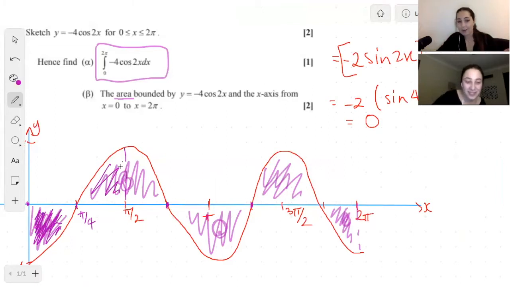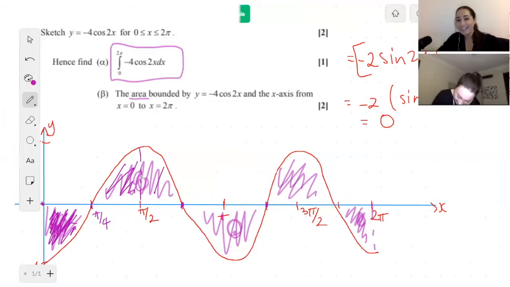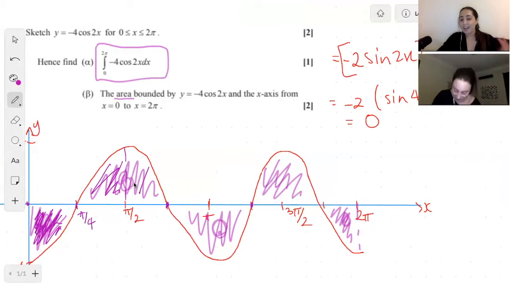You've got one here, one here, one here. Yeah, 4, 5, 6, 7, 8. So all you need to do is find the area of one half hill and times it by 8. One half hill, I love it. Instead of doing 3 separate areas, just realize that there's a symmetrical nature of it, so you just have to times it by as many as there are.